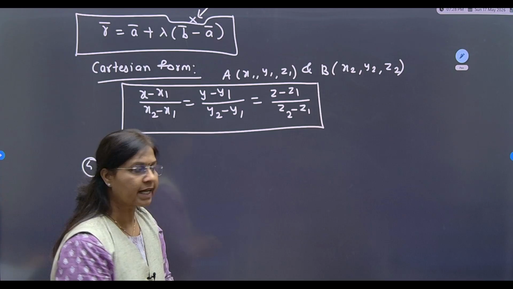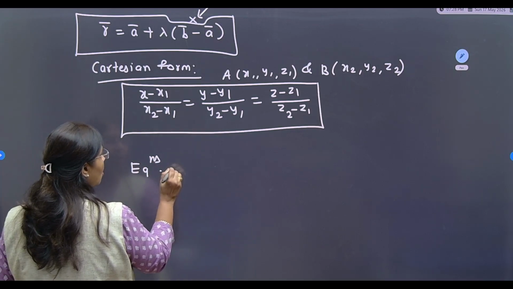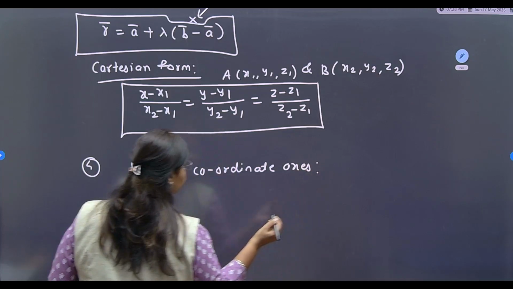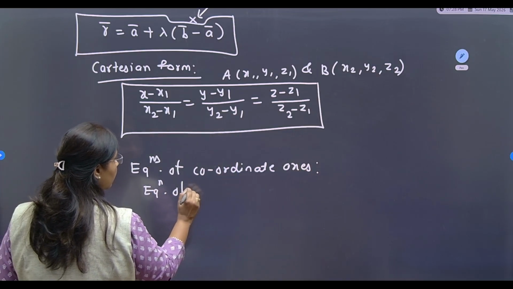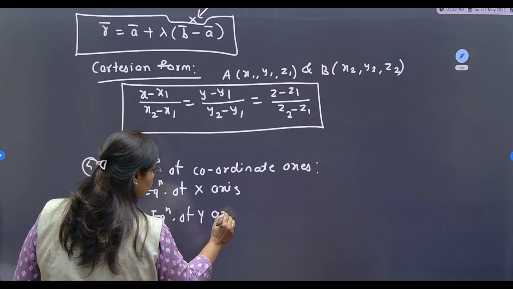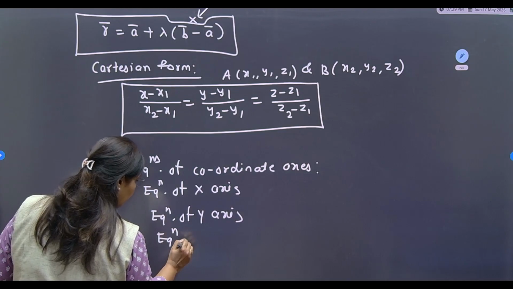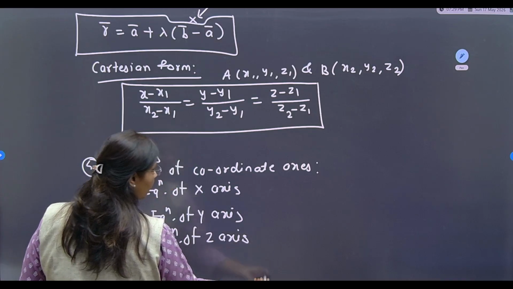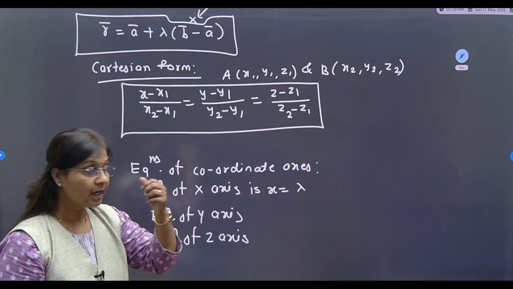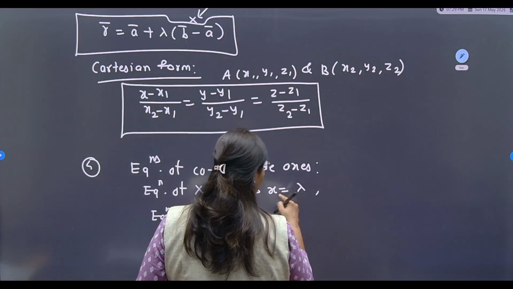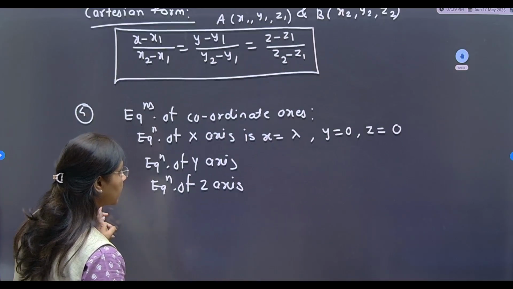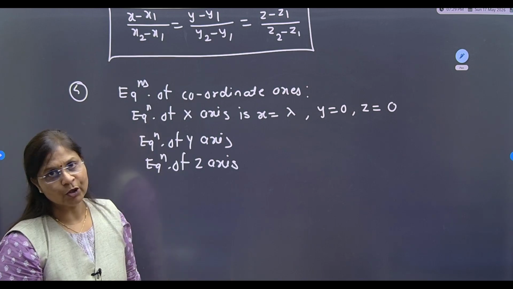Equation of the x-axis, the y-axis, and the z-axis. The equation of the x-axis is x equals lambda, where lambda means some scalar constant, y equals 0, z equals 0.